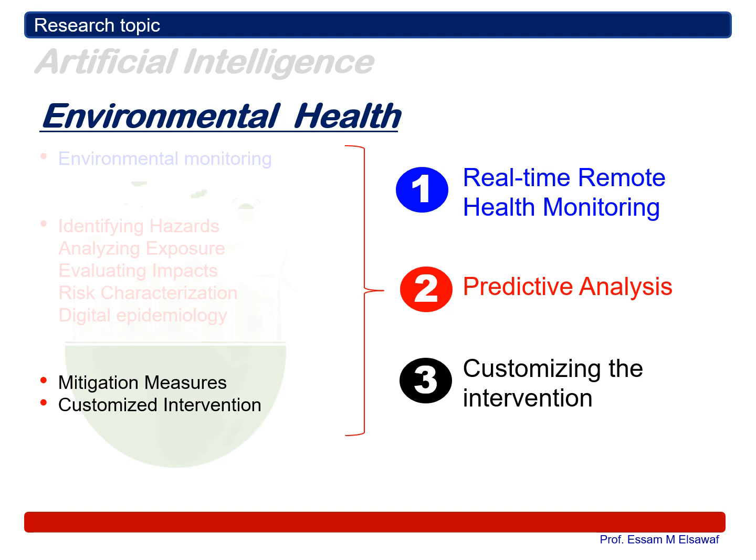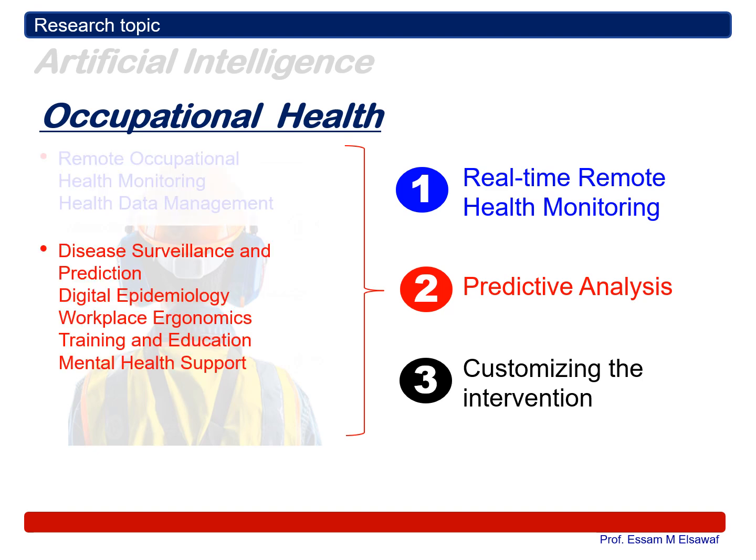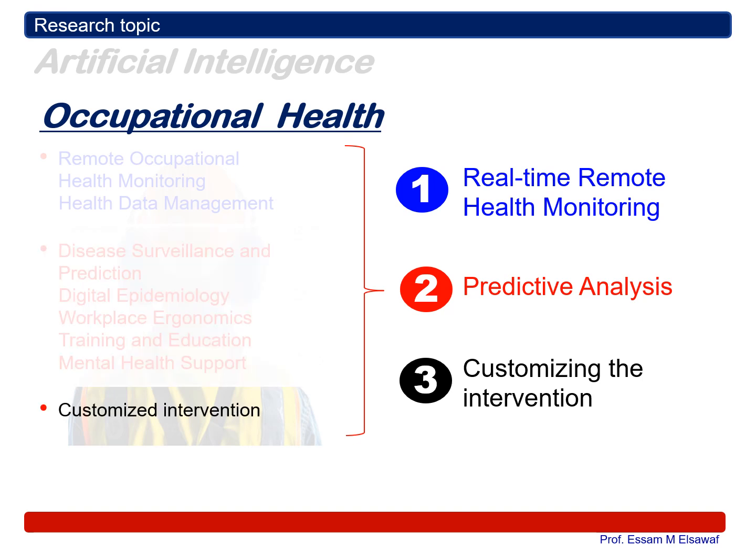It cannot mitigate literally, but it recommends the methods or the ways of how to mitigate such a problem. At last, occupational health, same concept: remote occupational health monitoring, health data management, disease surveillance, prediction, epidemiology, workplace ergonomics, training, education, mental health support, and lastly, customizing intervention step by step.